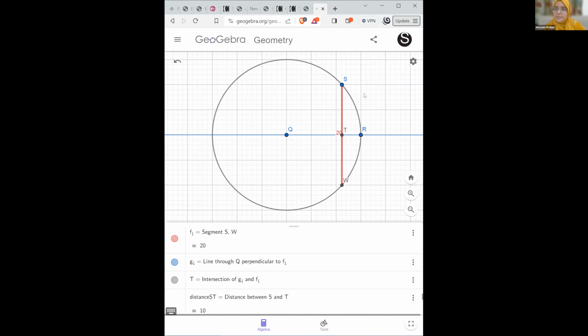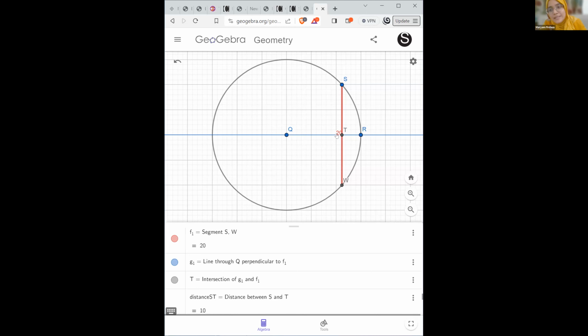We are dropping a perpendicular on that chord from the center. The chord's length is written over here. It is 20 units. The theorem says that this perpendicular is going to bisect that chord.